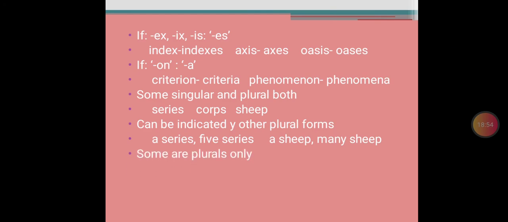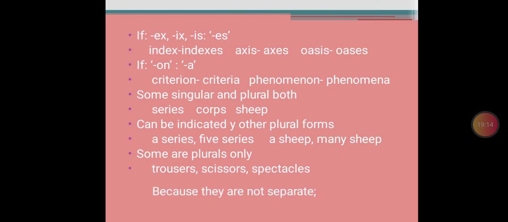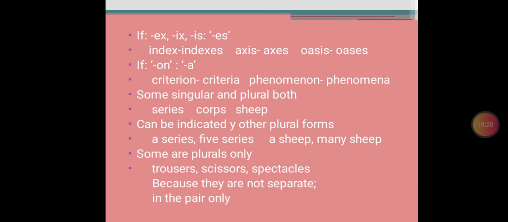There are some nouns that are used only and only as plurals. Trousers, scissors, spectacles. Why so? Because these nouns are always in pairs. They are not separate.